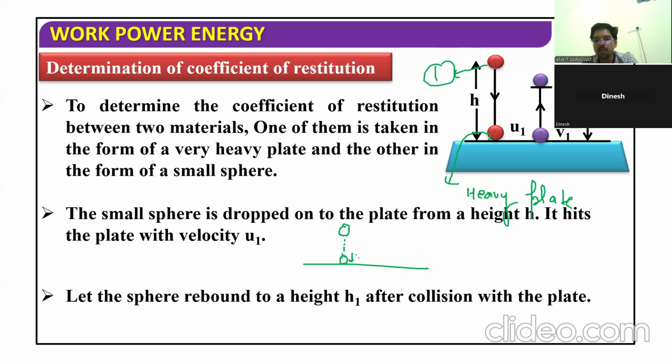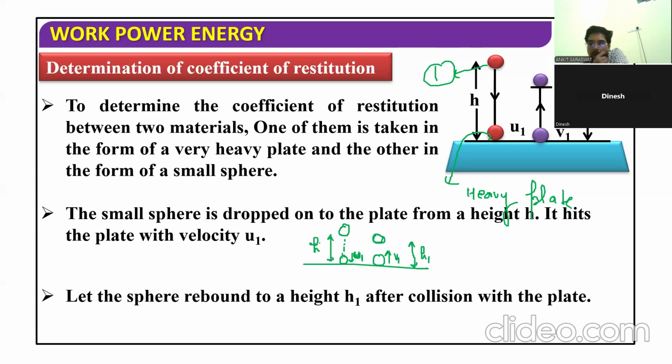At what velocity? u1. After collision, it is going with v1. It reaches up to this point. This height is h.